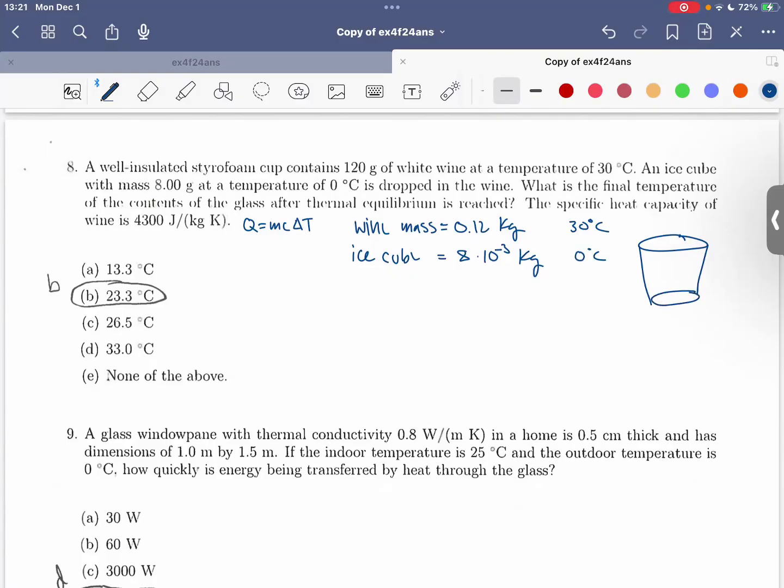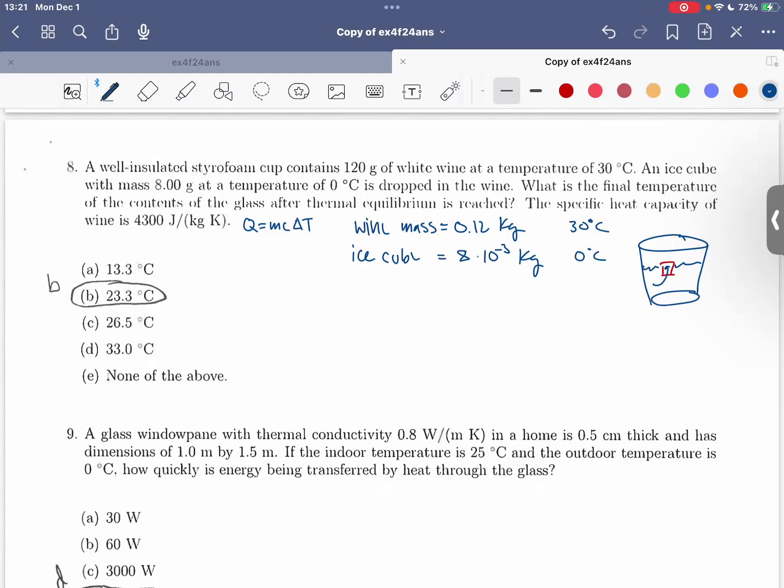Okay, so let's pretend that this is our ice cube and it's floating in the wine here. The heat is going to flow from the wine into the ice cube to melt the ice cube and raise its temperature. So that's going to be important for our sign conventions when we set everything up.